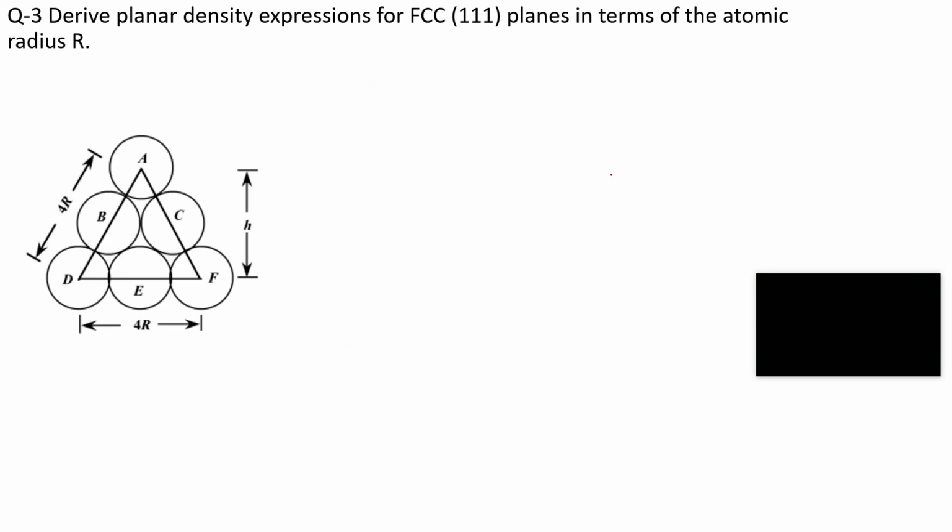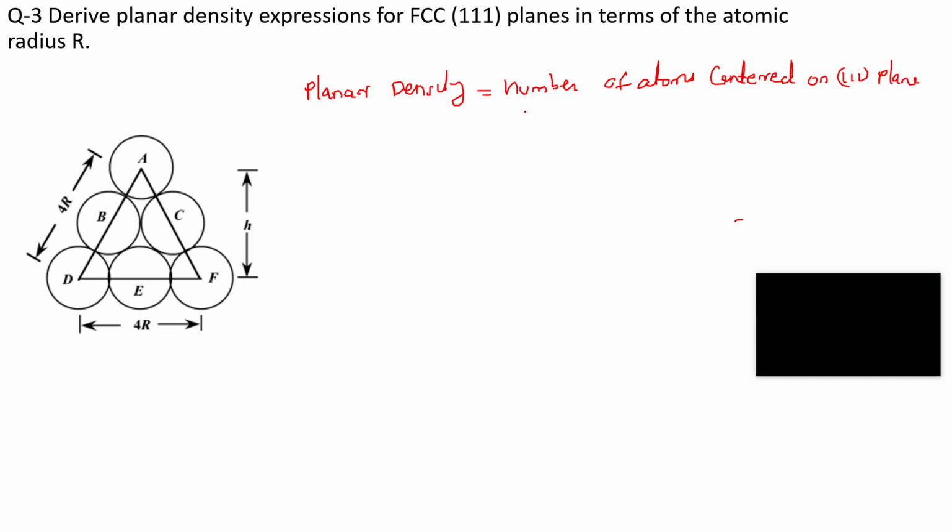So the planar density, what is the formula? That is equal to the number of atoms centered on the 111 plane divided by the area of the 111 plane.